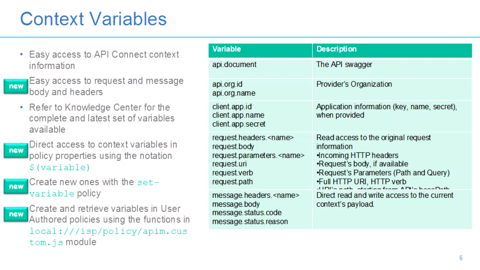You can also read and access these variables by dereferencing them using the dollar parenthesis notation, or you can use them directly in your user authored policies by using our set and get variable functions available there.